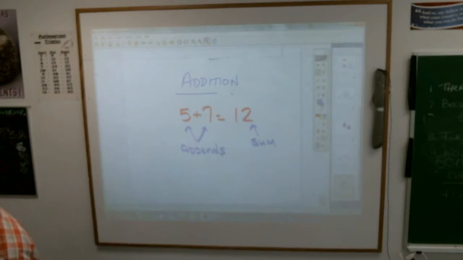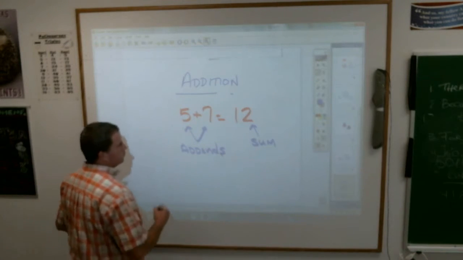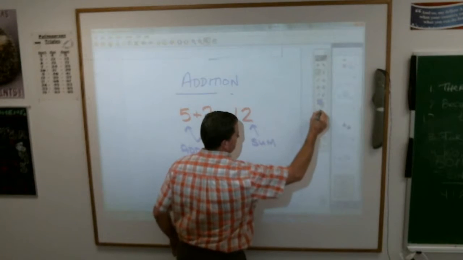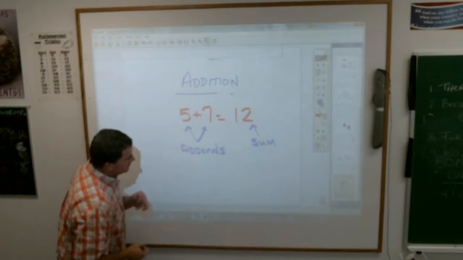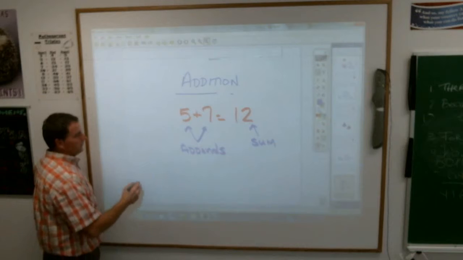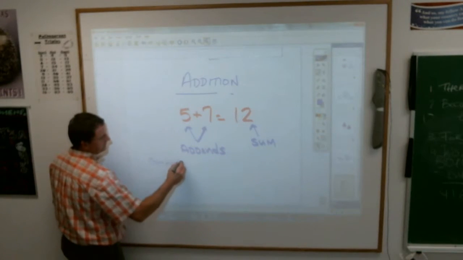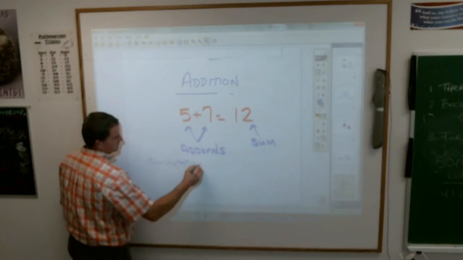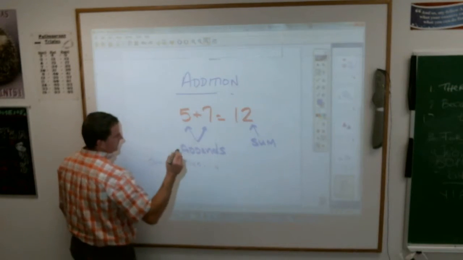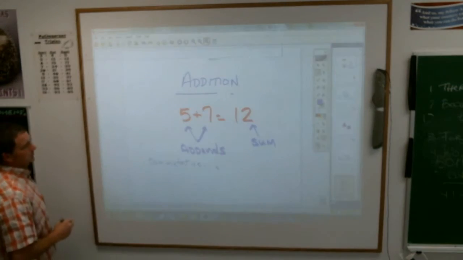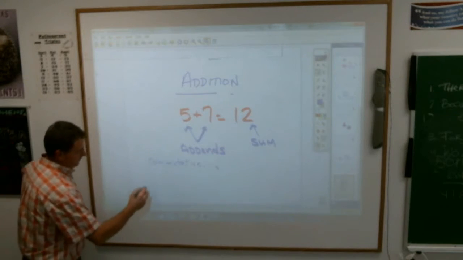Now, when you do addition, children, there is a wonderful property of addition that doesn't work for subtraction, but it does work for addition, and it is called the commutative property. Believe it or not, I had this already with 6th grade and with 7th grade. We talked about the commutative property.